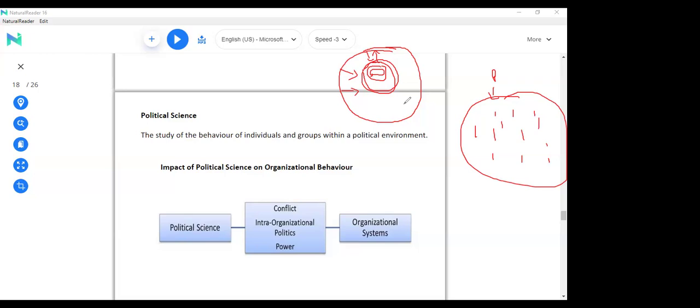Okay, then I move on to explain topic-wise.